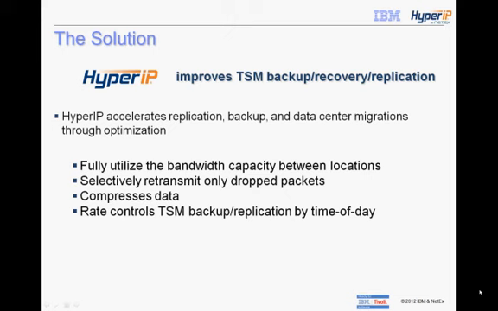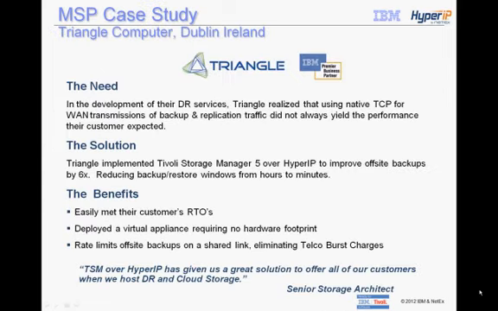We have a block-level data movement that allows you to keep a pipe full. We compress that data within the block, so block-level compression for data reduction is much more efficient. And then the rate limiting of TSM or any other backup or replication app by time of day allows you to use any percentage of that link when you need it for the windows that you're trying to meet.